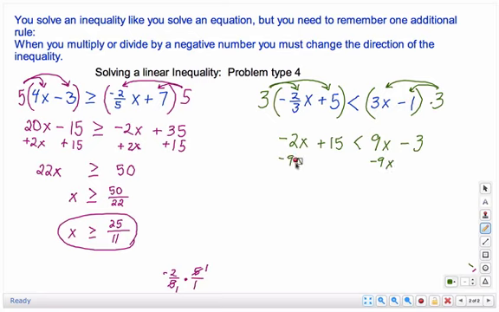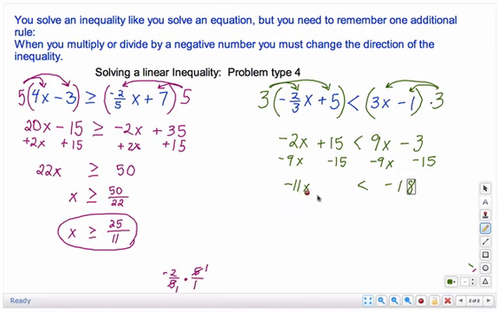And 2x minus 9x is the same thing as a negative 2x plus a negative 9x, which gives me a negative 11x. Then I want to get rid of this 15. I want it over to the right, so I'm going to subtract 15 from both sides. And this is a negative 3 plus a negative 15, and that is going to give me a negative 18.